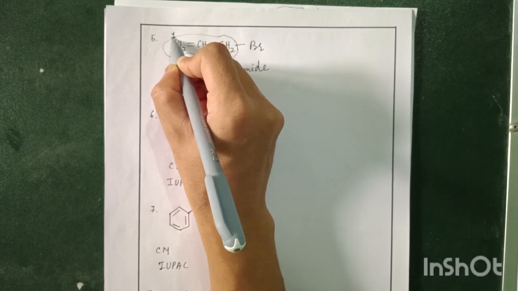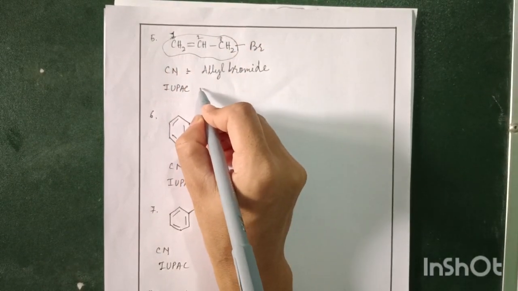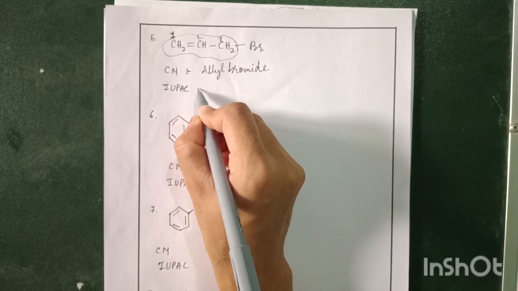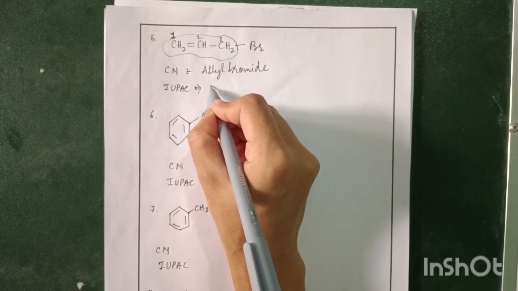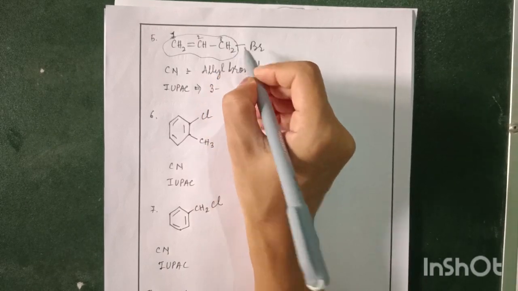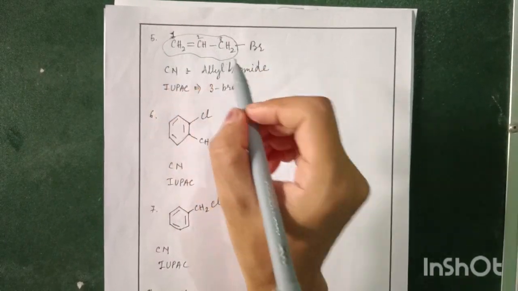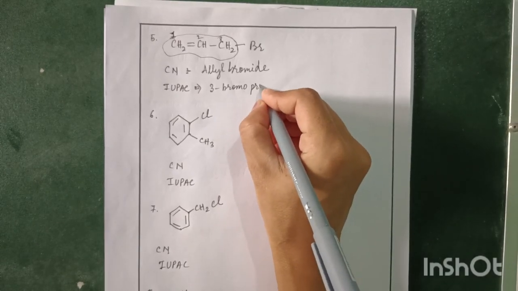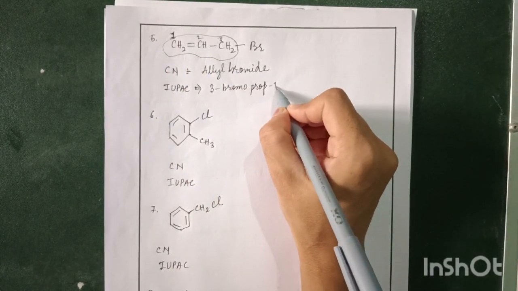So we will count from here: 1, 2, 3. In the IUPAC name, we will always start with the halide. So in the 3 position there is bromo, so 3-bromo. Then what is the name of the carbon chain? It is 3 carbons, so it is prop. It has a double bond, so it is prop-1-ene.